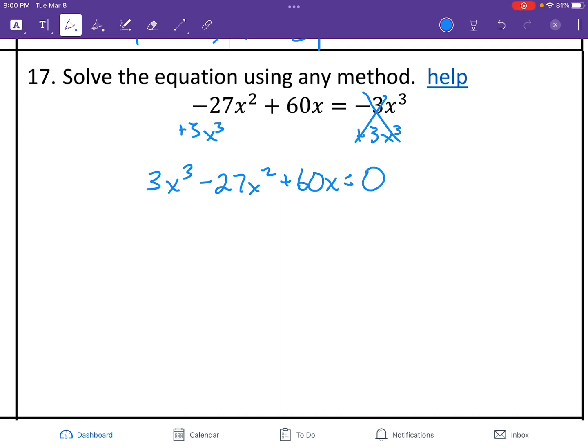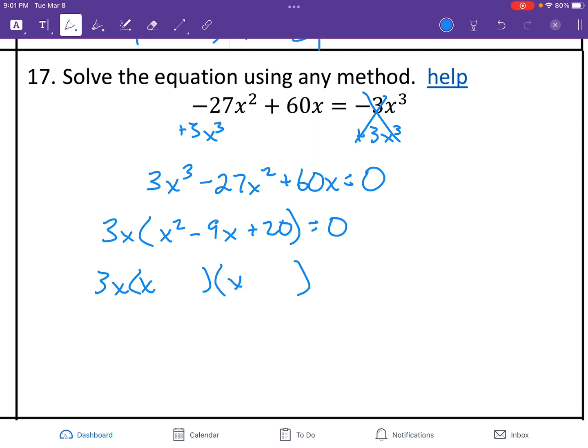Kind of like with the last problem, we should recognize that you can take stuff out of this. We can take out a 3 and an x out of all three terms. If I do that, I'll be left with x squared minus 9x plus 20. Now I can factor what's inside the parentheses. I'm going to leave the 3x on the outside here.